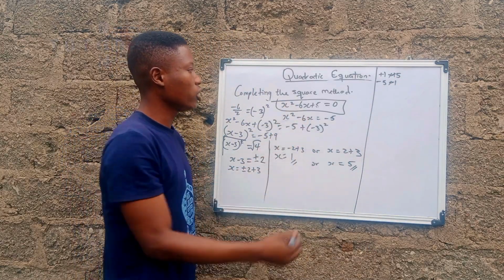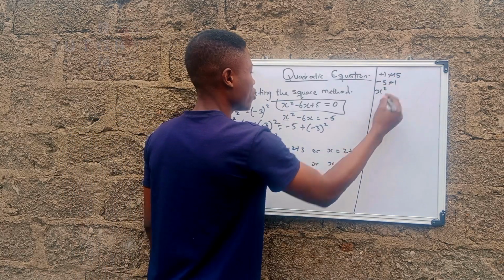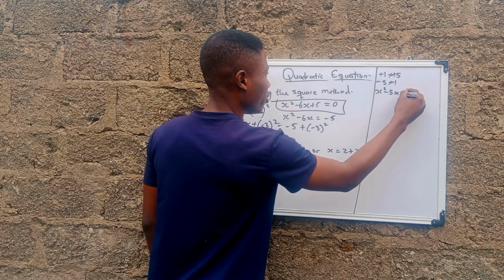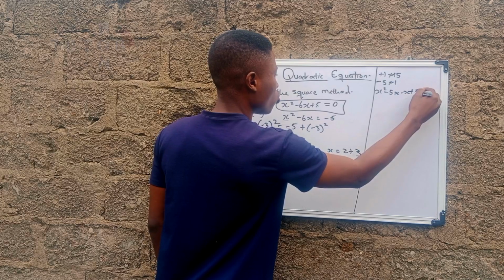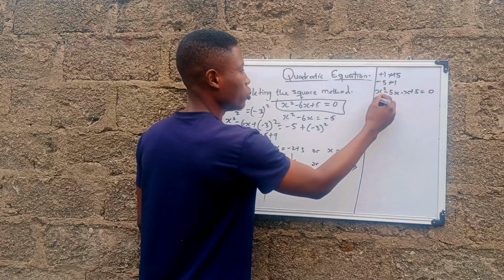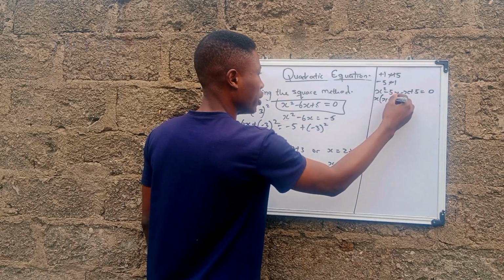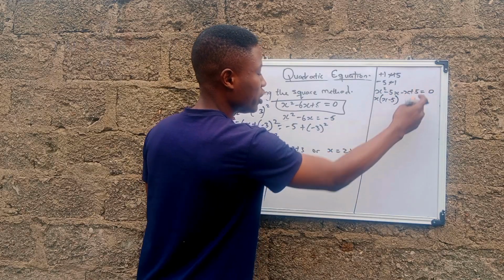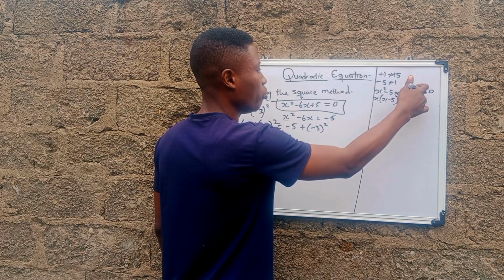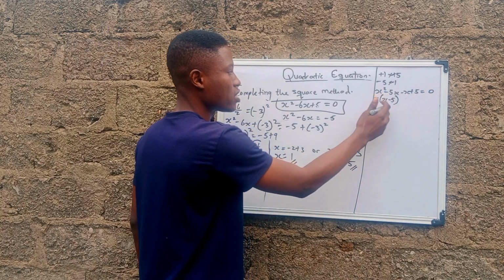If you introduce it to the equation, your equation becomes x² - 5x - x + 5 = 0. Then if I'm to factorize this, what's common to both is x. I'm left with x - 5. And what's common to both here is just 1. But this time I won't be using 1, because I need to make sure this 5 becomes negative also.